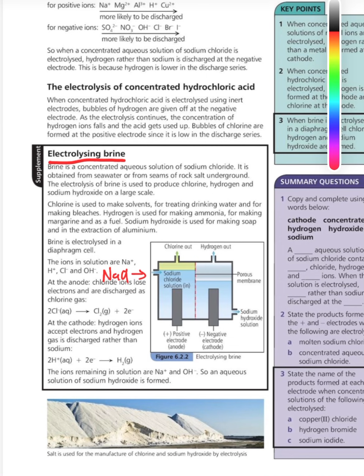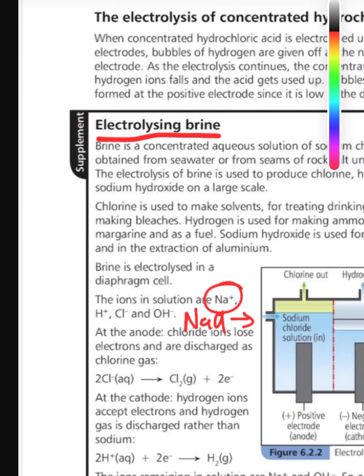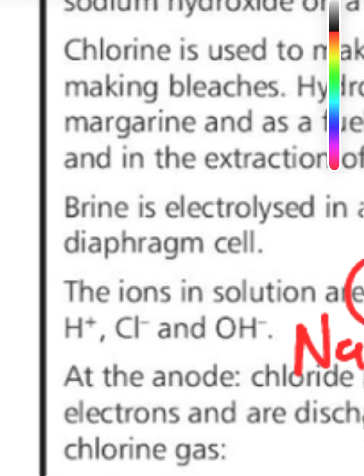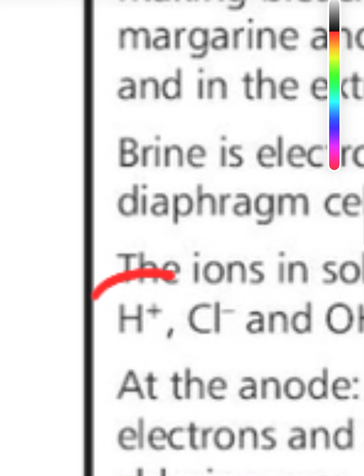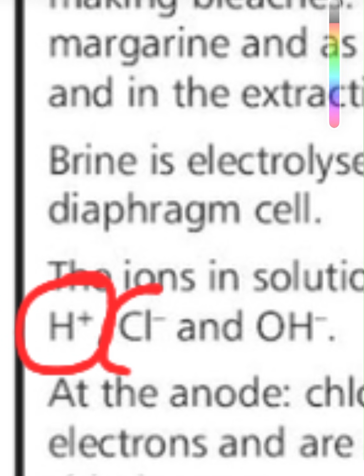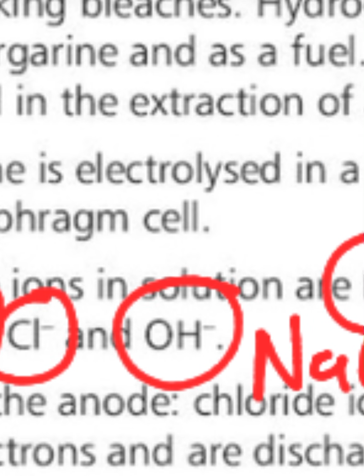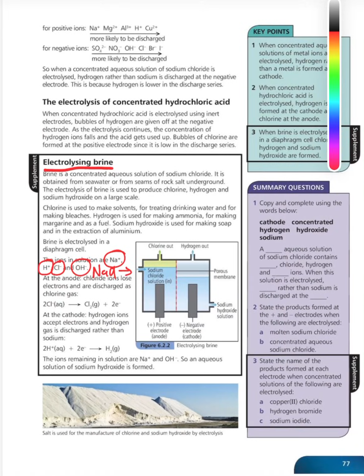There's also water inside, so it means that I've got 4 ions. I've got Na plus ions from sodium chloride, I've got H plus ions from water, I've got Cl minus ions from sodium chloride, and I've got OH minus ions from water.